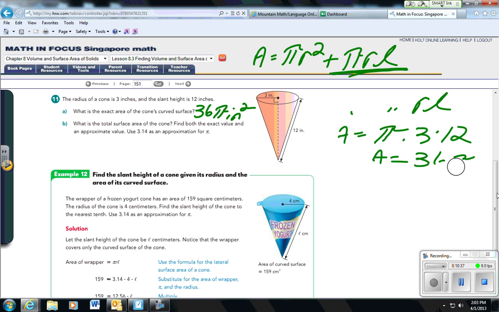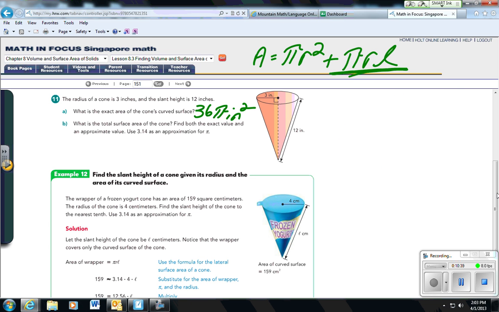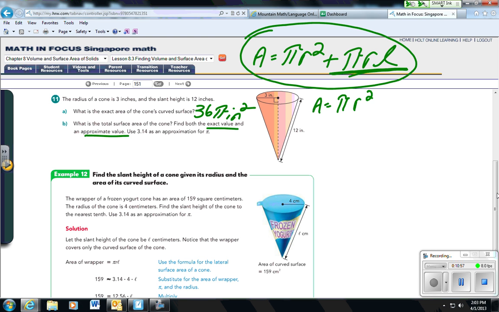B. B wants the total surface area of the cone, and they want both the exact and the approximate. Okay, so let's do the exact first. So this is the total surface area, all of it, the circle plus the body. So A equals pi r squared plus pi rl. Plug in everything that you know. A equals, and again, pi is going to stay pi, times the radius squared.